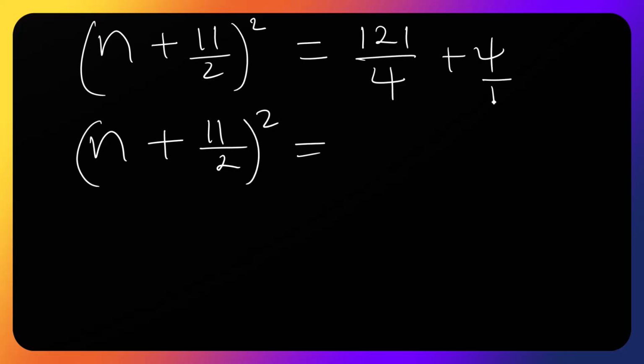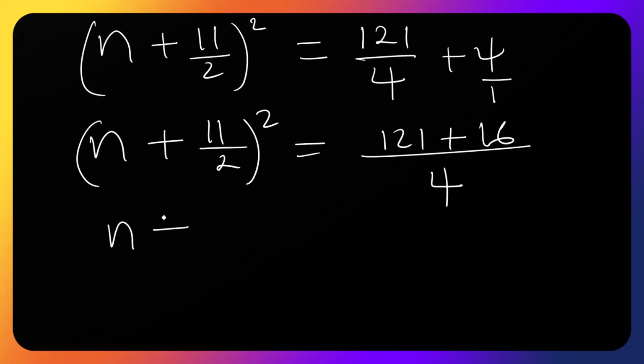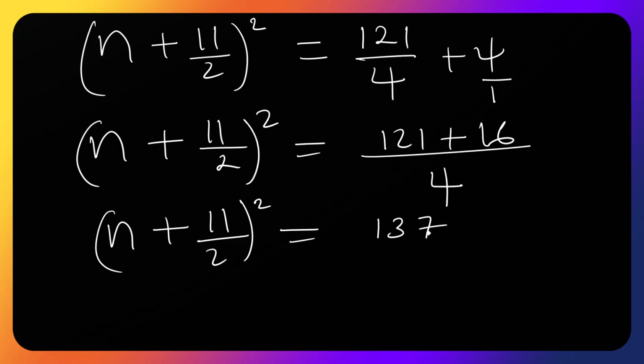Let's make this side over 1. LCM is 4. 121 plus 4 times 4 is 16. So let's add: 121 plus 16 will be 137 on 4.